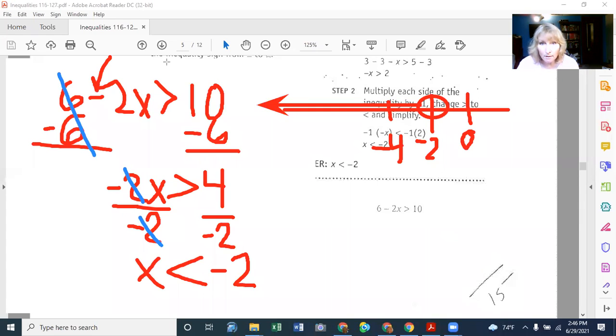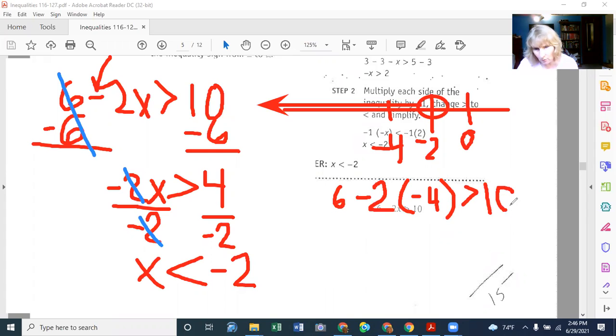And if we wanted to test that and check that we did it right, we could pick a number within our solution set. So we could, for example, pick negative 4, plug it into our original equation. 6 minus 2 times negative 4 should be greater than 10. And if we get a true statement, we have done it correctly.